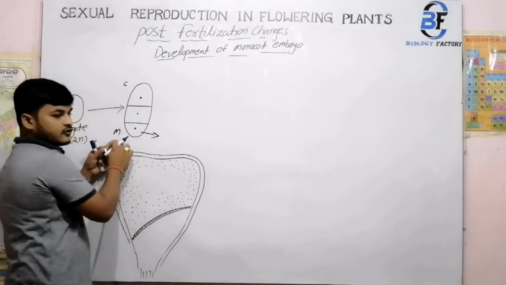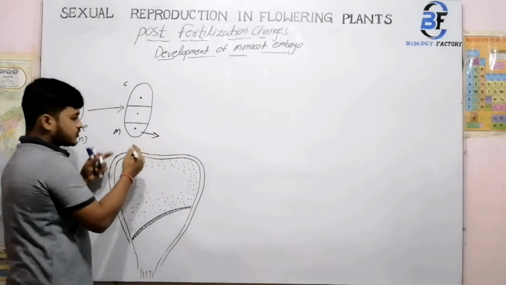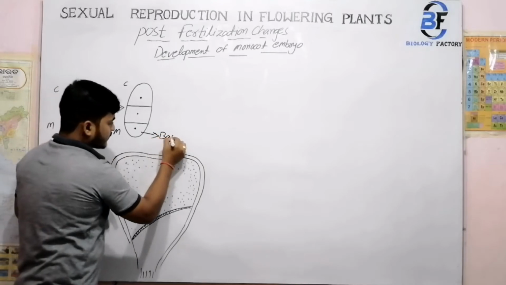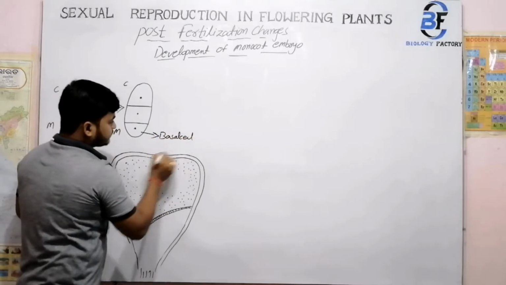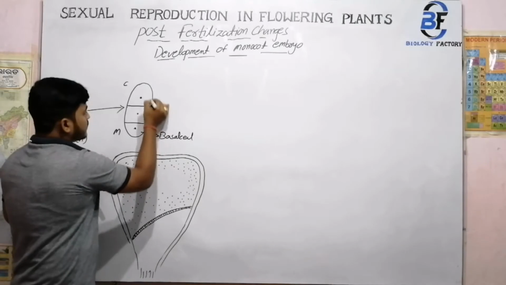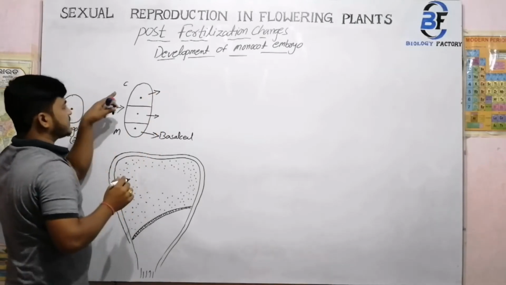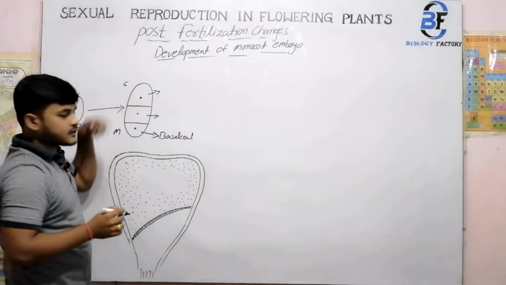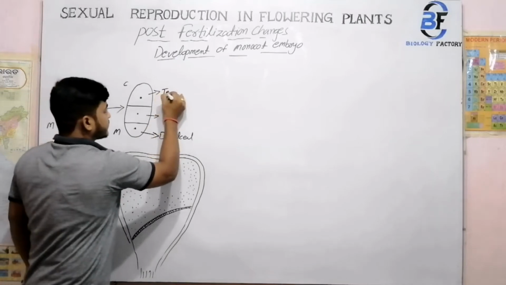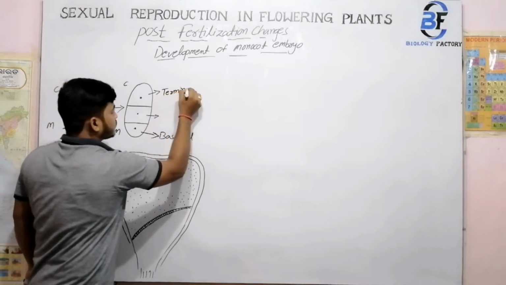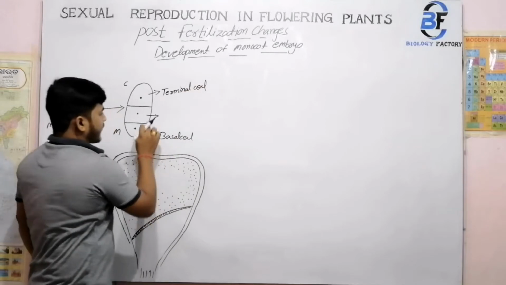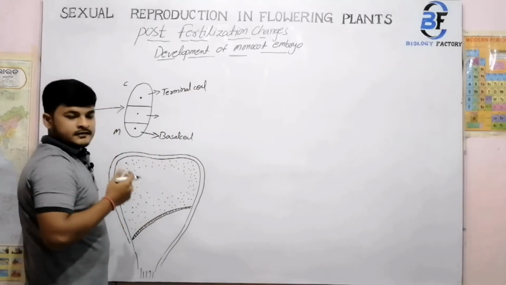The cell which is towards the micropyle is the basal cell. Here is your terminal cell, the cell which is towards the chalazal end. And the middle one is the middle cell.